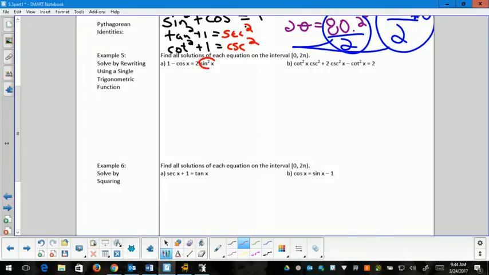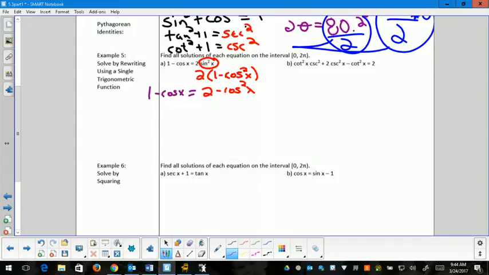Since this is the one that's squared, I'm going to rewrite this as 2 times 1 minus cosine squared of x. And that's going to be 2 minus 2 cosine squared of x. So I'm going to subtract the 2 and add the 2 cosine squared, because just like x and x squared, this is a quadratic. We have a cosine squared on one side, and we have a regular cosine on the other. So we have to get everything to one side, get it equal to 0 and factor.